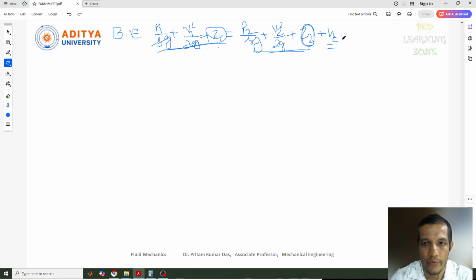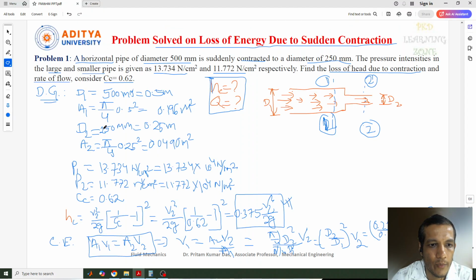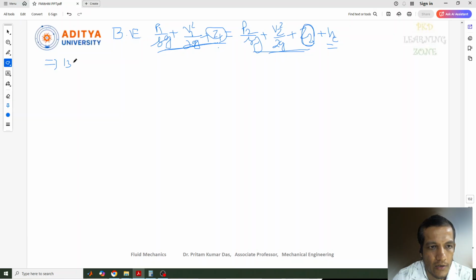P1 is 13.73 into 10 to the power 4, divided by rho g, with rho equal to 1000, into 9.81, so 9810, plus V1 square, where in place of V1 we put V2 by 4 whole square, divided by 2 into 9.81.